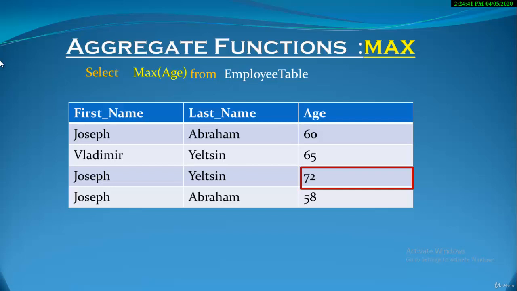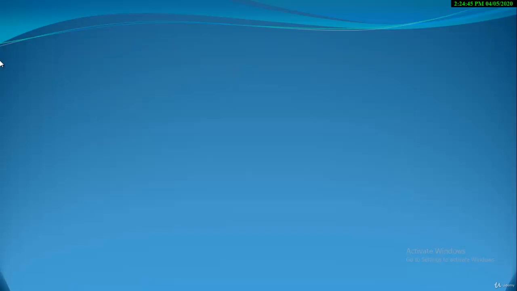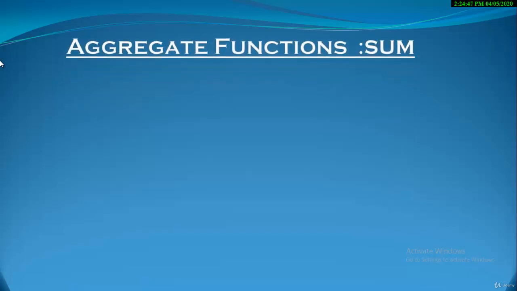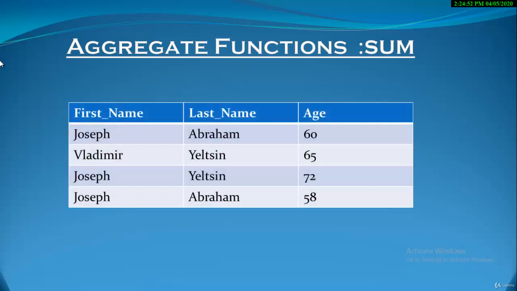Okay, let's move to the next aggregate function. The next aggregate function is sum. Most of the time you will have to write a query where you want to get the sum of values of a certain column.